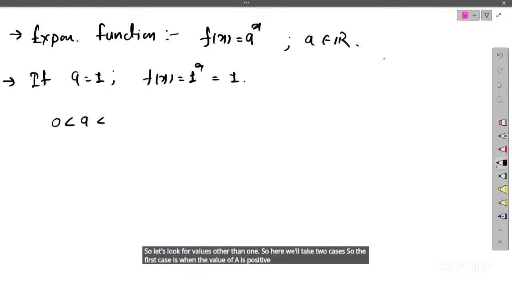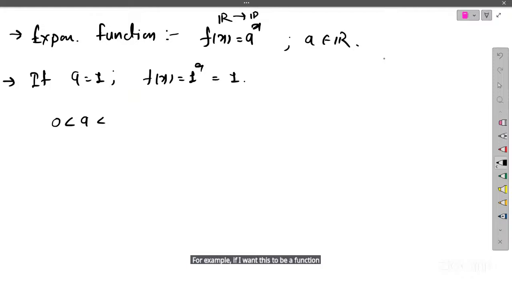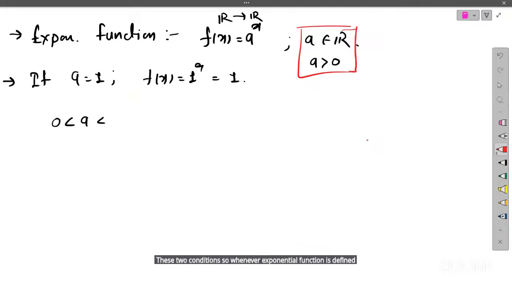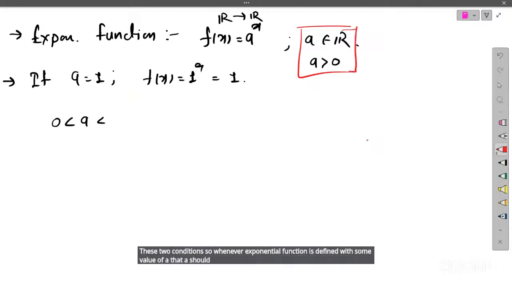We don't take negative values of a, because the square root and so on will create a problem. If I want this to be a function from real numbers to real numbers, the square root, cube root and fourth root should be well defined. That's why we stick with a belonging to the real numbers and a strictly greater than 0. These two conditions. So whenever an exponential function is defined, a should be a strictly positive real number.